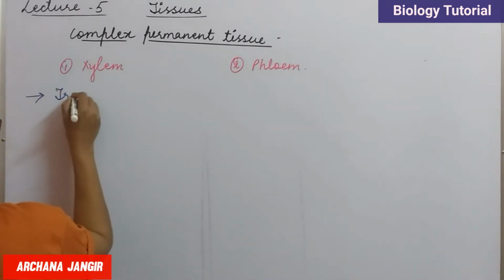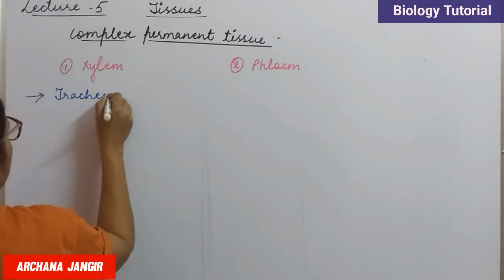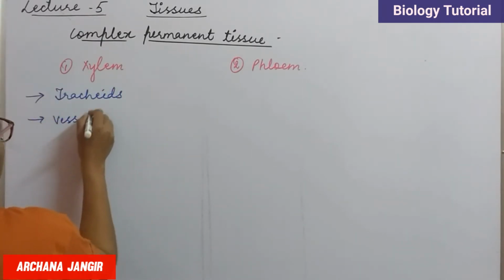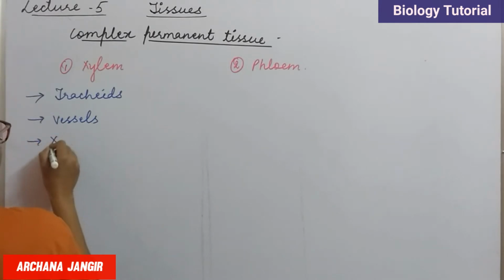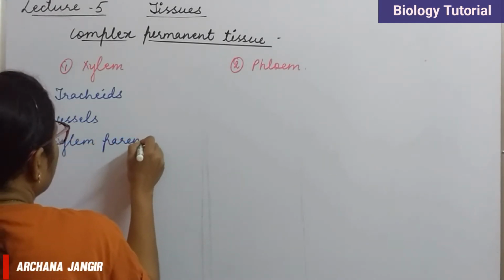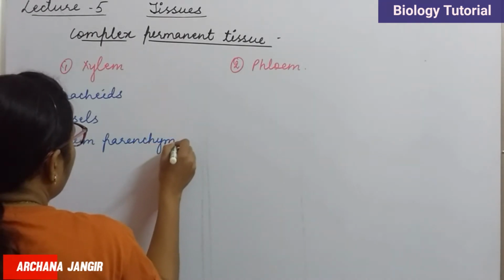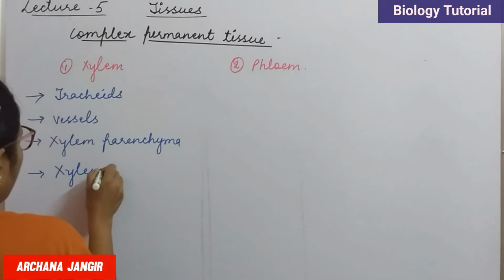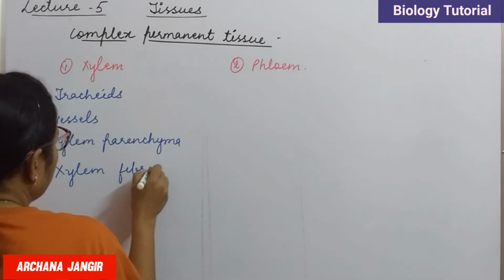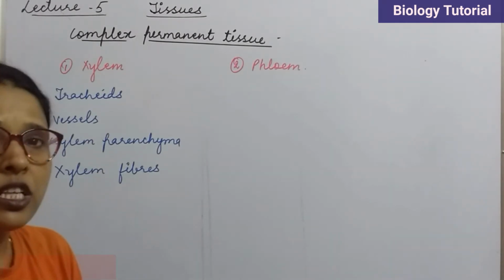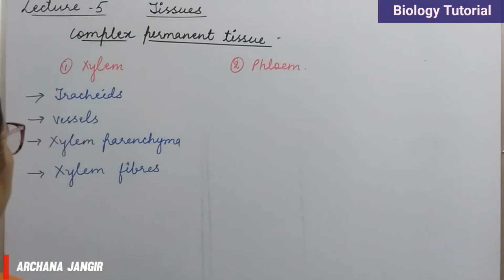They are tracheids, vessels, xylem parenchyma, and xylem fibers. Clear? So these are the four important types of cells present in the xylem tissues.